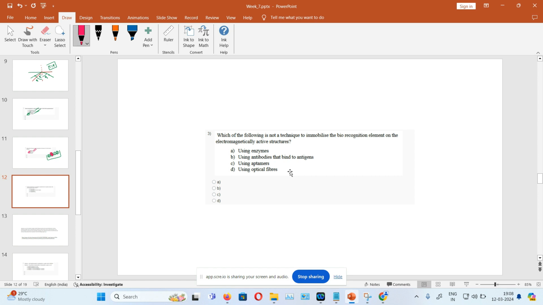But if the optical fiber or its surroundings are not functionalized, there will not be any direct binding of the biorecognition elements on the optical fiber. Okay.